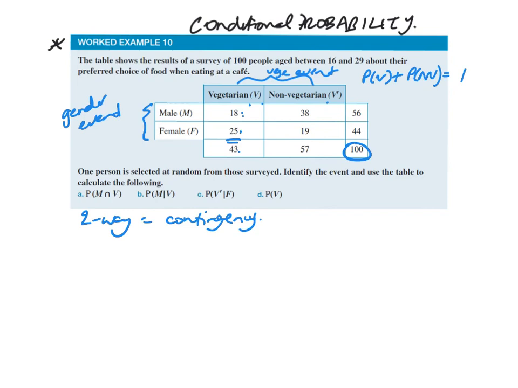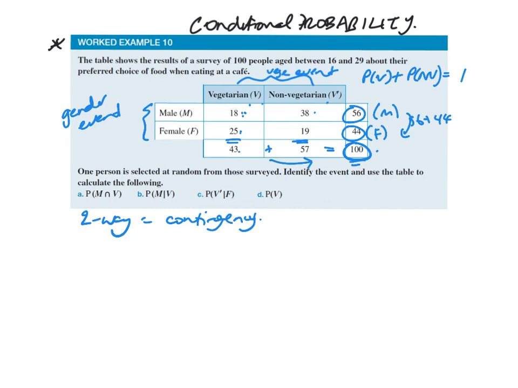The non-vegetarians total 57. Those together total 100. And this 56 is the subtotal of the males, broken into vegetarian 18 and non-vegetarian 38, and then the females. Whether we add this way or this way, we come to the grand total of 100.